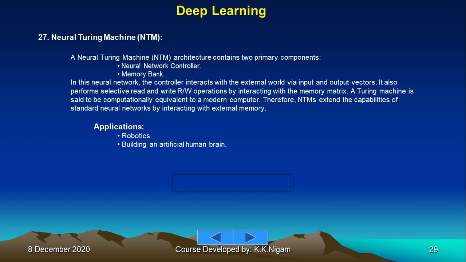It also performs selective read and write, that is R/W, operations by interacting with the memory matrix. A Turing machine is said to be computationally equivalent to a modern computer. Therefore, NTMs extend the capabilities of a standard neural network by interacting with external memory. Applications for this are robotics and building an artificial human brain.